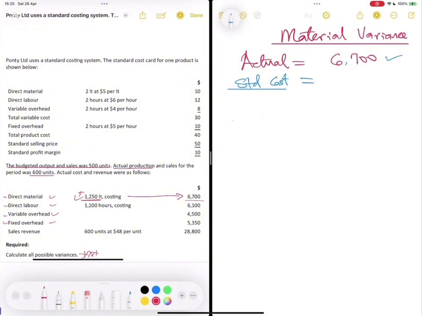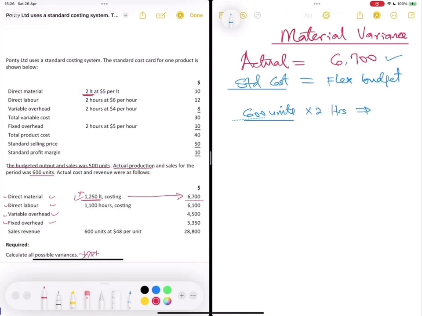Standard cost is your flex budget, like I always tell you. Which means you are doing budgeting at the actual activity level. Yeah. So what should we have incurred? We should have incurred materials on 600 units. Yeah. And we know that every unit will consume 2 liters. So multiply by 2 liters.